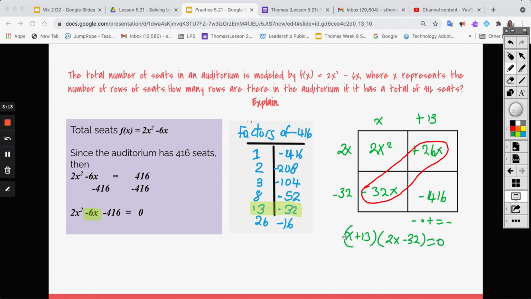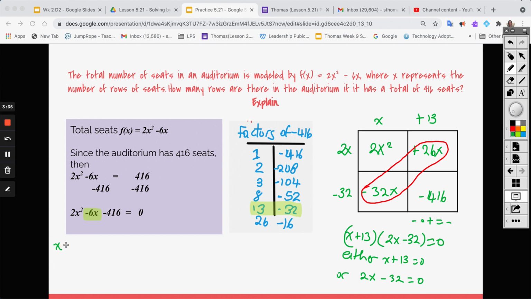So according to the zero product property, either x plus 13 is equal to 0 or 2x minus 32 is equal to 0. So we're going to take each of those and solve. And I'm going to do it on the left side here.